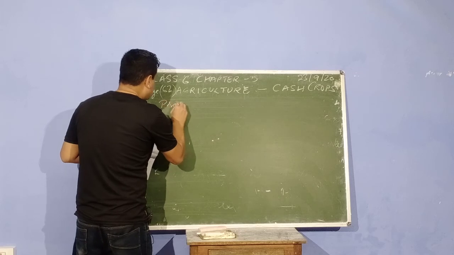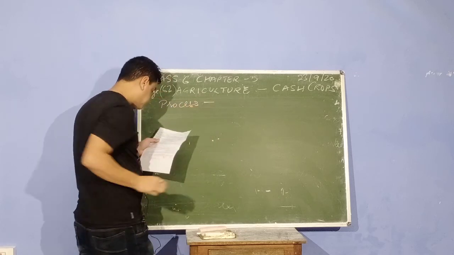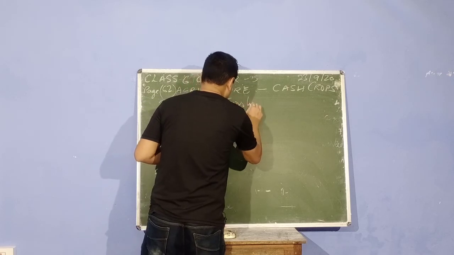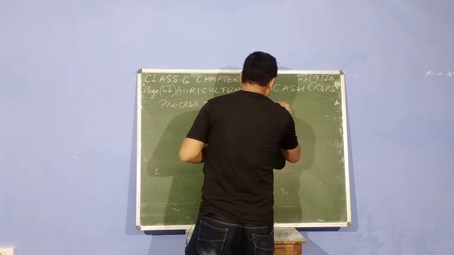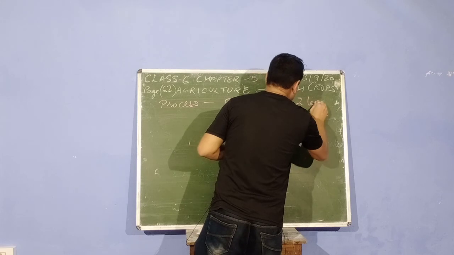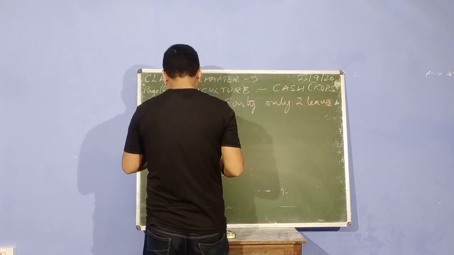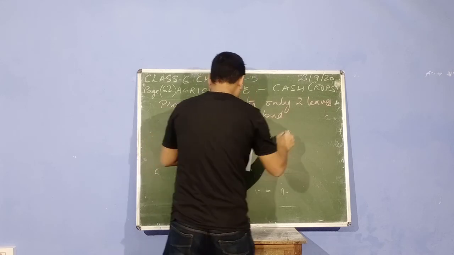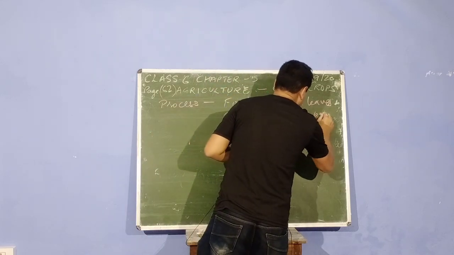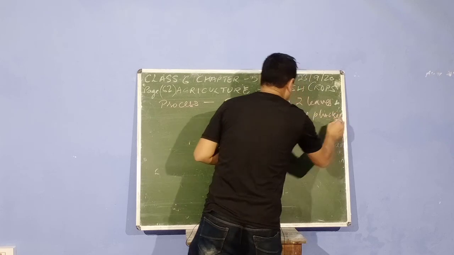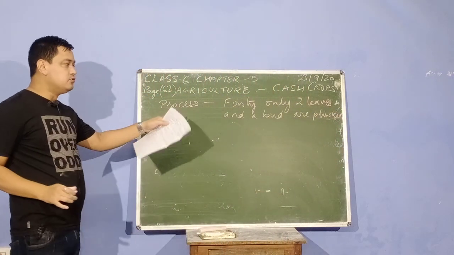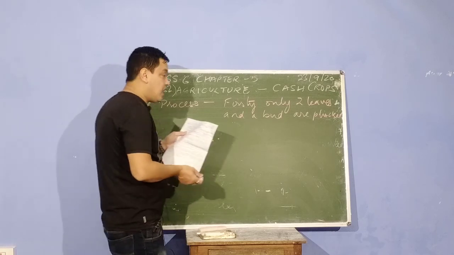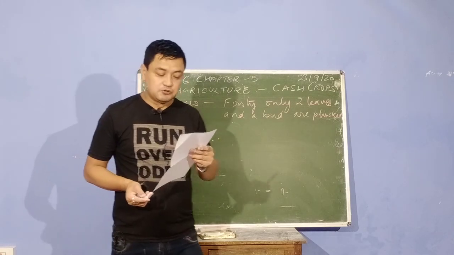Now, whenever we are talking about process, firstly, only 2 leaves and a bud are plucked. Now I am writing on the blackboard. Firstly, only 2 leaves and a bud are plucked. We are talking about the processing. The upper leaf bud and the next 2 leaves.